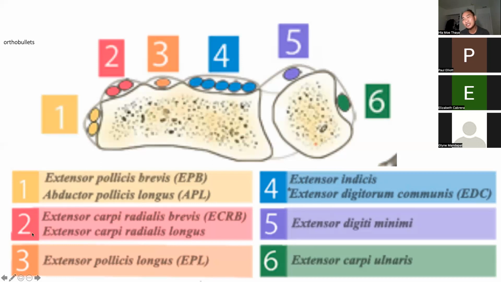In number 2, we have extensor carpi radialis longus and brevis. We know that we have extensor carpi radialis longus, flexor carpi radialis. So we know there will be extensor carpi radialis longus and extensor carpi radialis brevis. So now how many muscles are in the extensor compartment? 1, 2, 3, 4, 5, 6, 7, 8, and number 9.